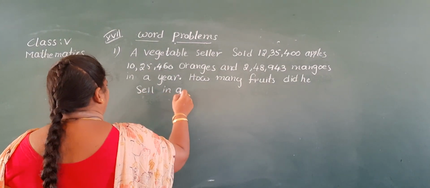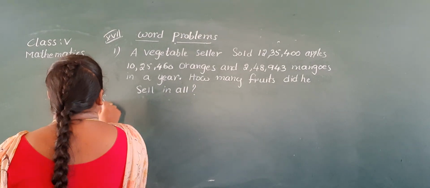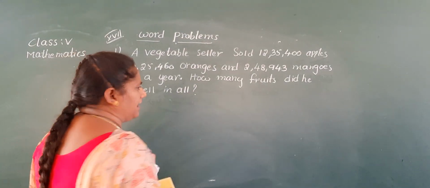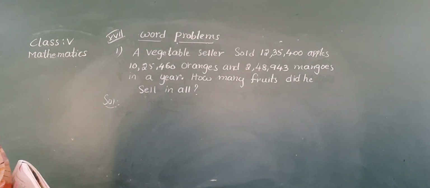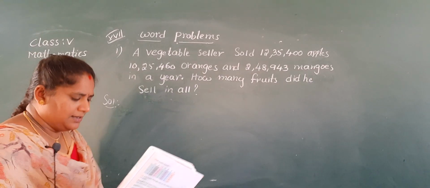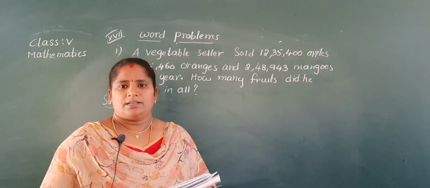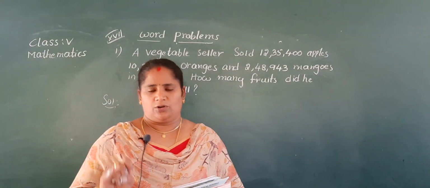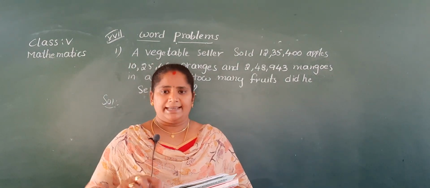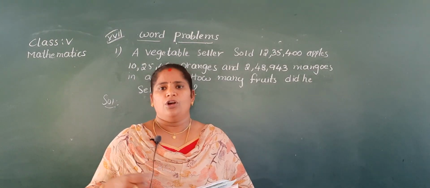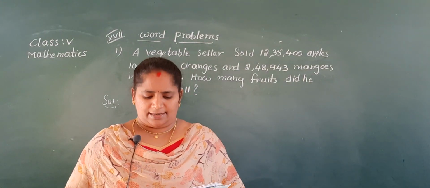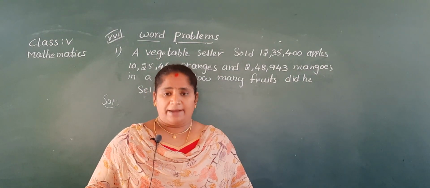See children, all. So this is the keyword for addition. Already explained the keywords for addition and subtraction. Once again I revise that. Find the total or sum. So these are the keywords for addition. Total, sum. Next, increased by, added to, together, all, and more than.